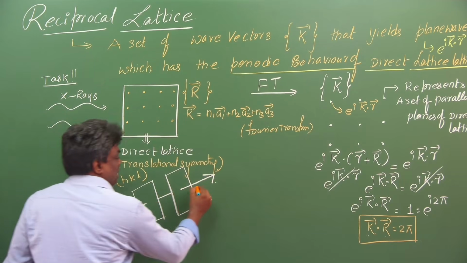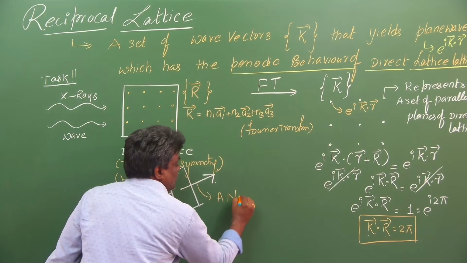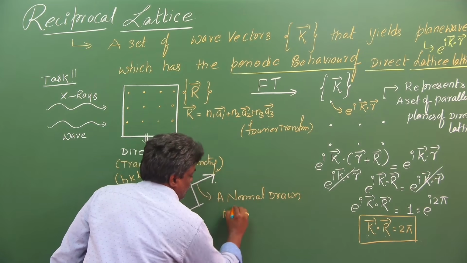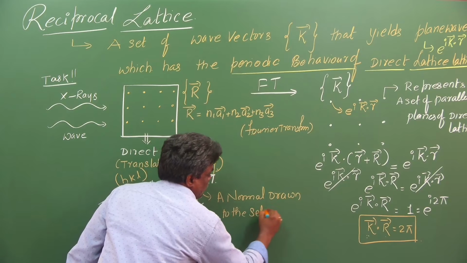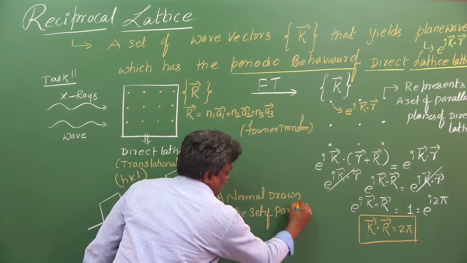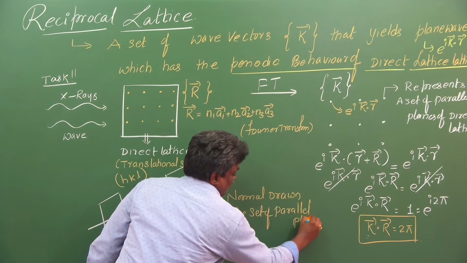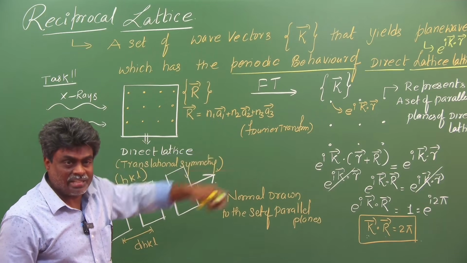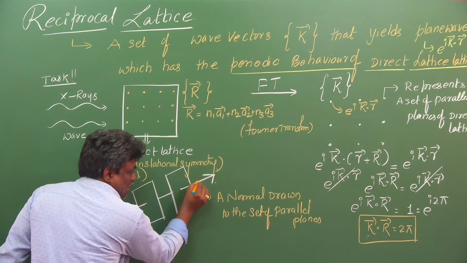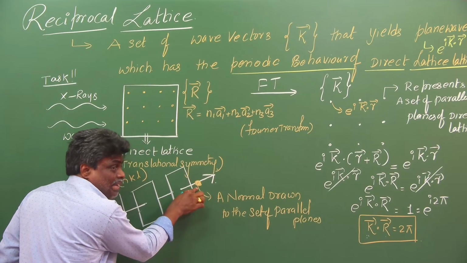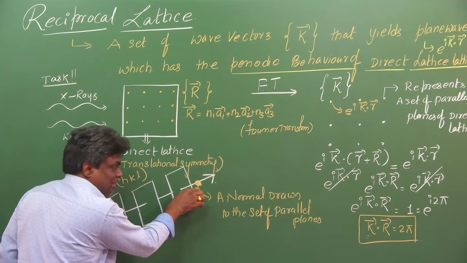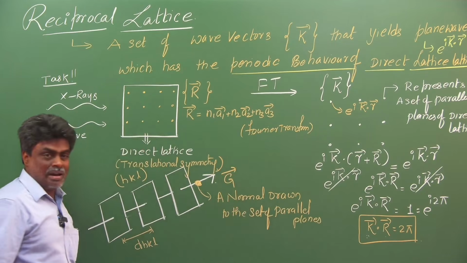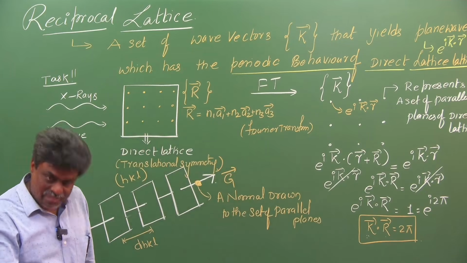So this is a normal drawn to the set of parallel planes. This normal is passing through one of the lattice points. That means this normal is passing through one of the reciprocal lattice points. And this vector is called G bar, the reciprocal lattice vector.